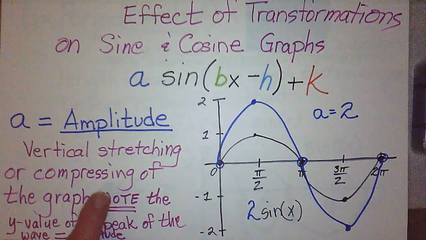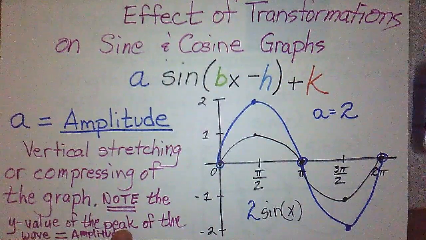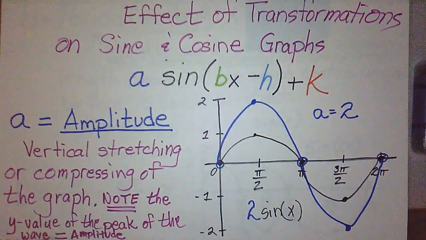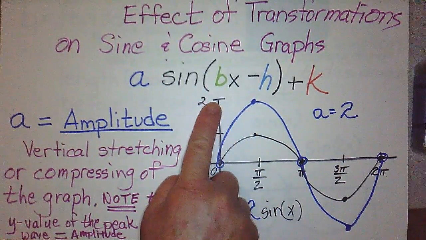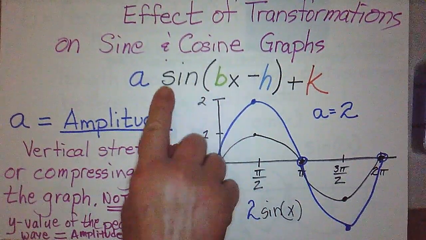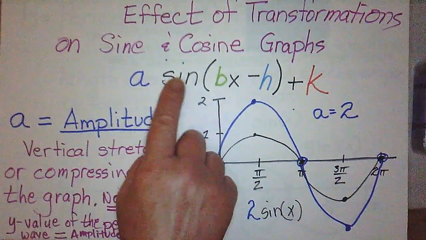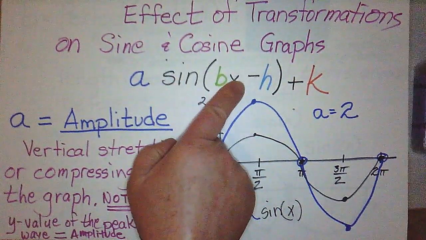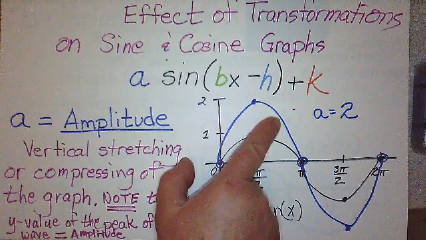Okay? And it's very important to note that the y value of the peak of the wave is the amplitude itself. So, if you're looking at a function that says 2 sine of x, it's going to look like the blue line.